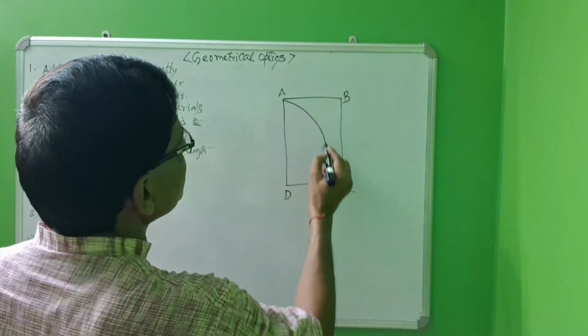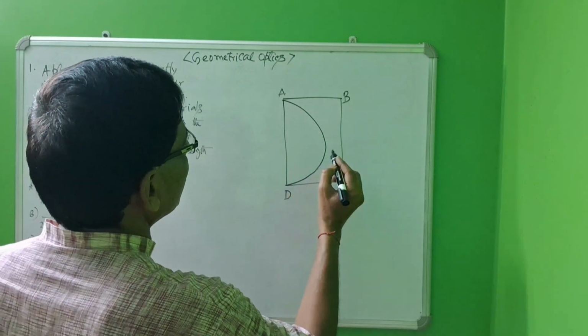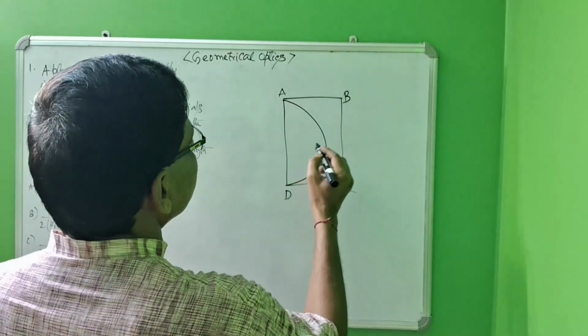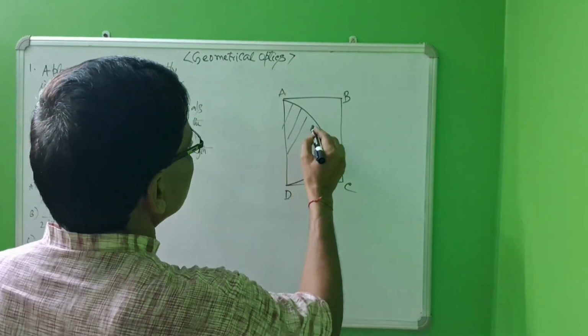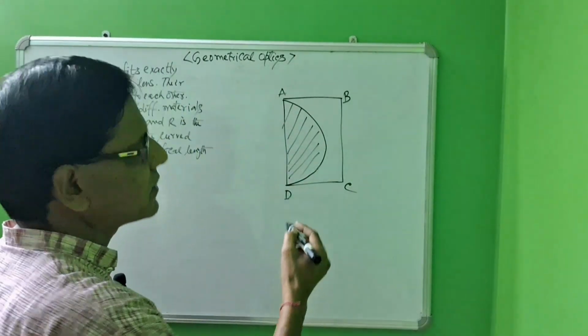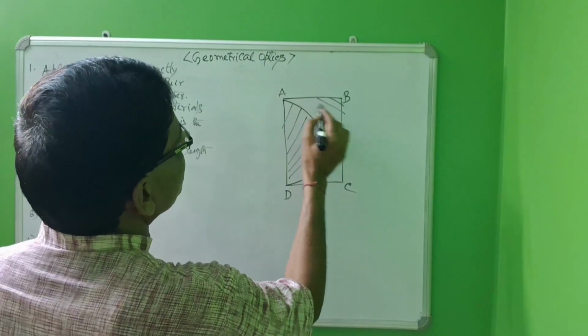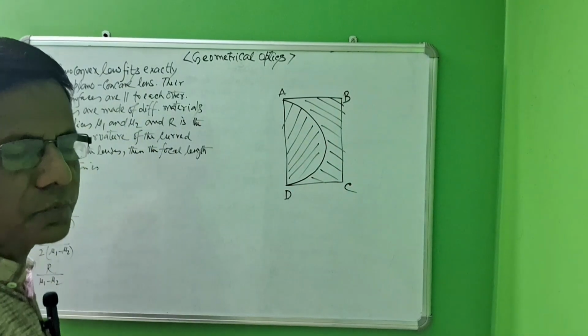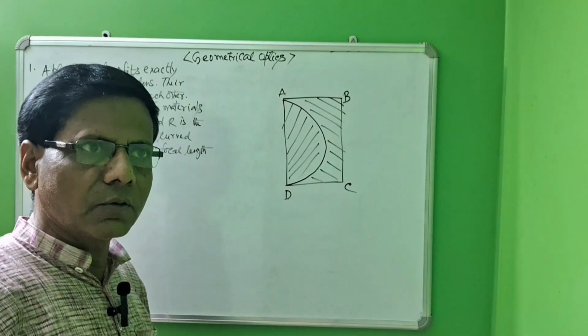Now, if this is cut into this, we get this one as plano-convex lens and this one as plano-concave lens. Is it clear to you?